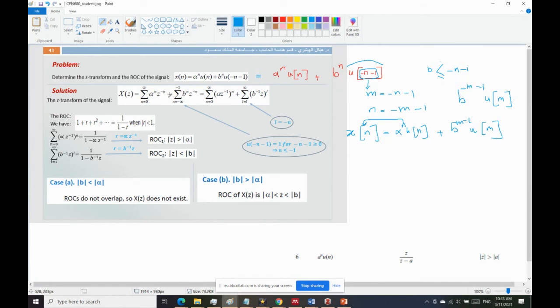So here what they did is they came back to the original definition of u[n]. What is u[n] originally? We said u[n] is equal to 1 when n is above 0. It is just a bunch of deltas.